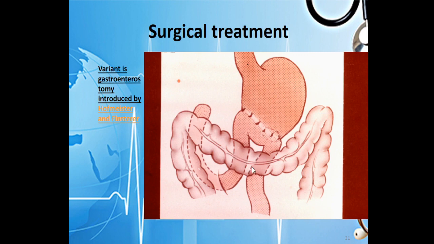So, our anastomosis is behind the transverse colon, with the afferent loop and the stump of the duodenum. So, this is the scheme of the most famous stomach resection, Billroth 2. The name of this modification is Hofmeister-Finsterer.